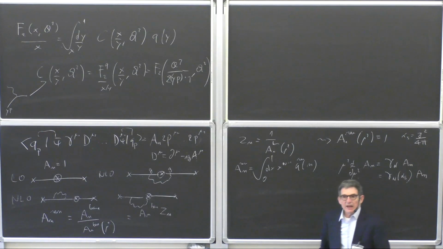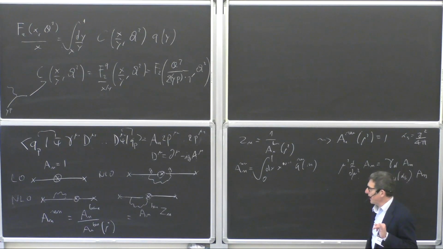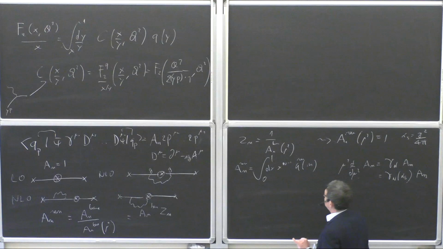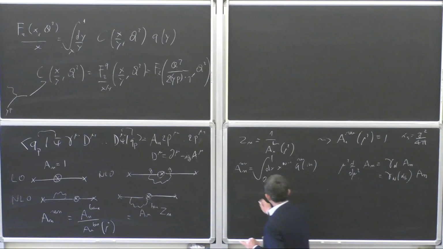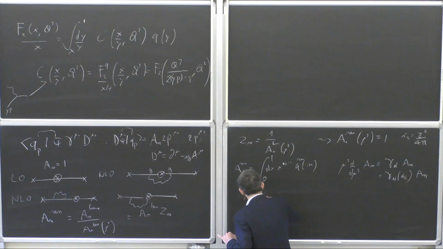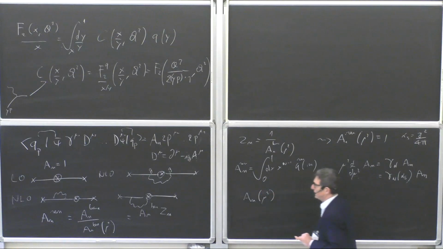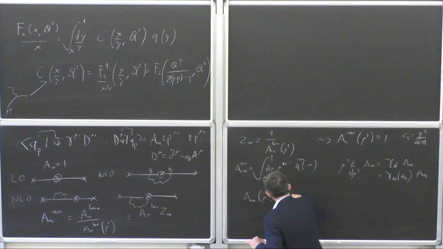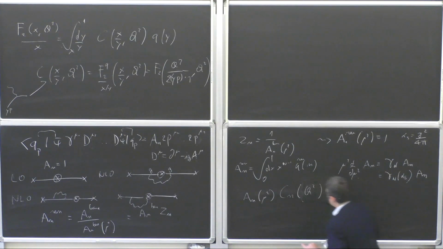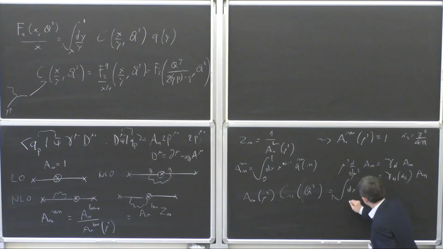At this point, I notice the following thing: the product of the operator matrix element A_n(mu squared) times the Wilson coefficient C_n, which is a function also of Q squared, is actually the Mellin moment, x^(n-1), of the structure function F2(x) divided by x, right?